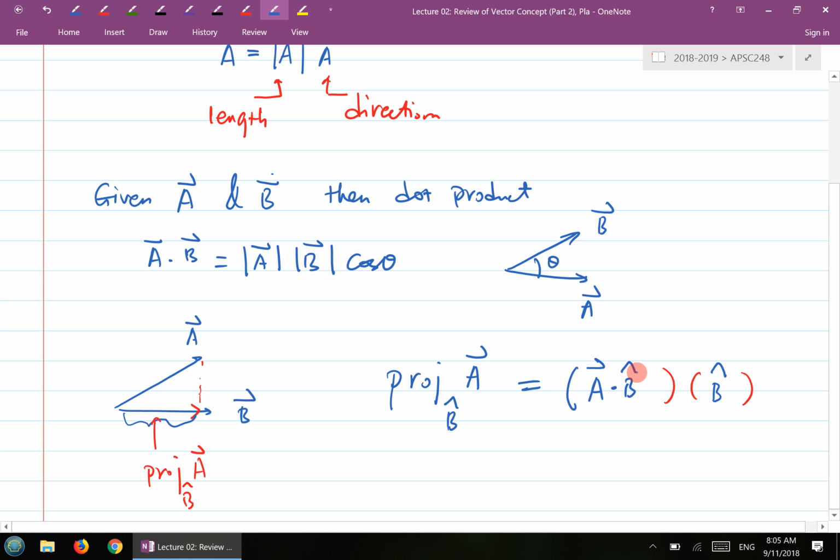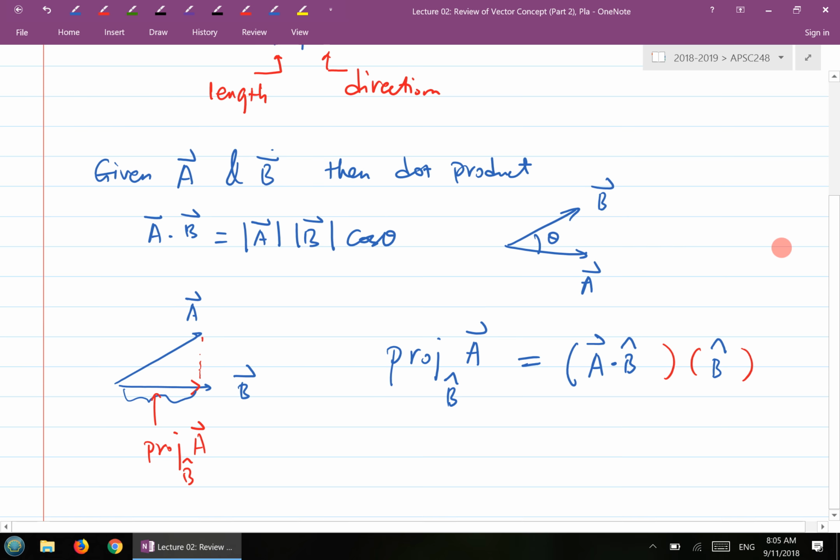This is something I emphasized in the previous lecture. What is the physical meaning of a vector dotted with a unit vector? Mathematically, that's what it looks like. Physically, it means the length of the projection.